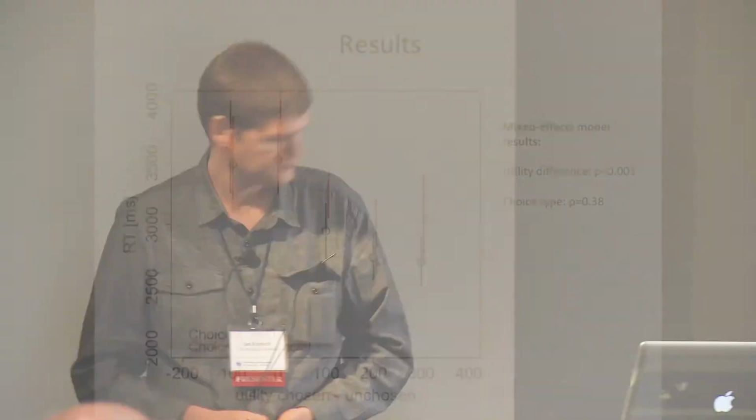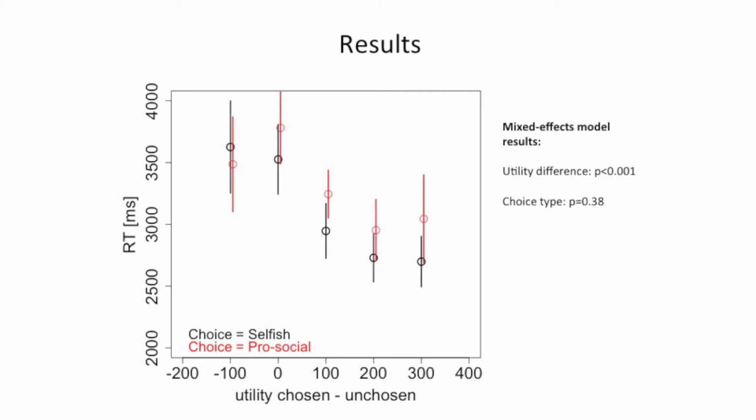And we don't. What we've done here is bin the utility difference for chosen minus unchosen, with the pro-social choices in red and the selfish choices in black.